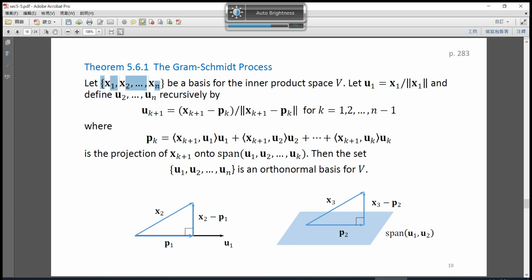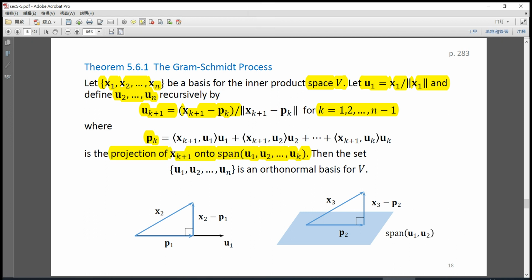Let x1, x2 up to xn be a basis for the inner product space V, and let u1 be x1 divided by its norm, and define u2, u3 up to un recursively by u(k+1) equals x(k+1) minus pk divided by its norm for k from 1, 2 up to n minus 1, and let pk be the projection of x(k+1) onto the span of u1 up to uk, and therefore the projection pk is a linear combination of u1, u2 up to uk.